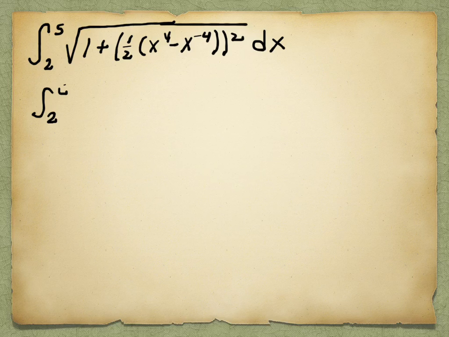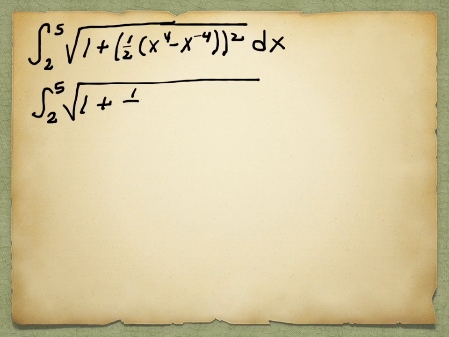But the other component, the x to the 4th minus x to the negative 4th, I actually have to FOIL for that piece. So I've got 1 plus 1/4, and then I need x to the 4th minus x to the negative 4th, and I need to square them. I said x to the negative 2, I'm sorry, it's x to the negative 4. Alright, let's get that in there written correctly.